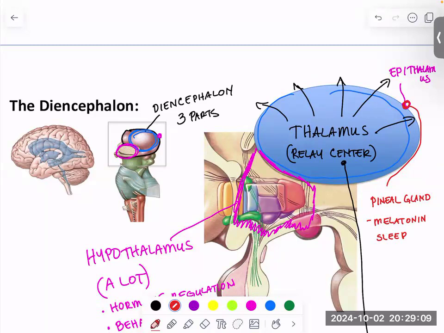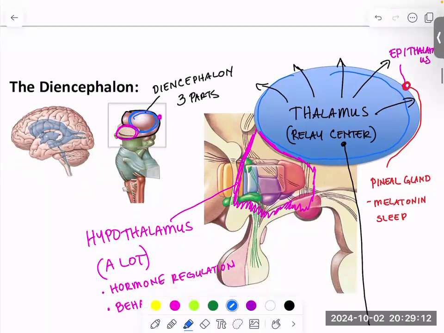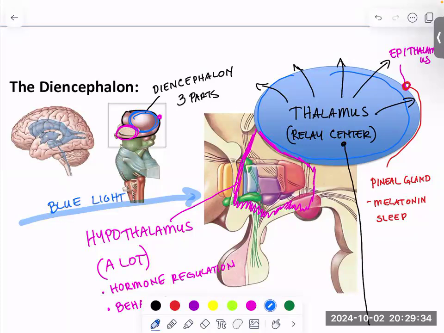I'm going to stop for a minute because public service announcement. This is controlled by daylight cycle, primarily blue light. When blue light is detected by your eyes, it goes to your brain and stops melatonin production.